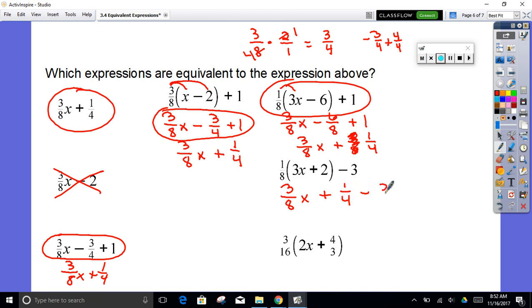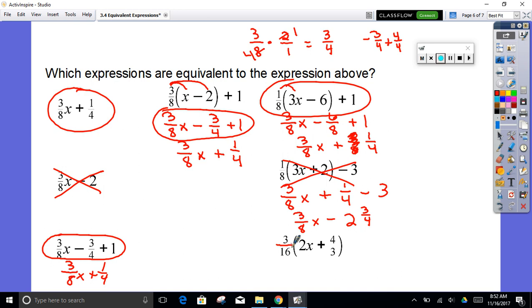And then we'd bring down -3. Okay, then what? It's 1/4 minus 3. Think of it the other way. What's 3 minus 1/4? 2 3/4. 2 3/4, so it would just be negative 2 3/4. Which is not the same. So that one is not an equivalent expression.